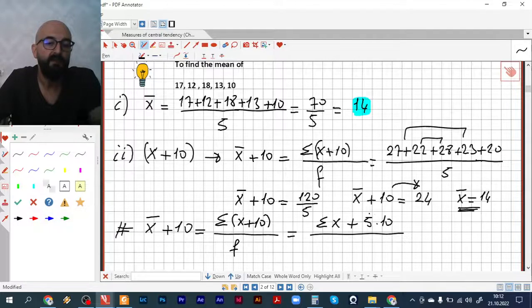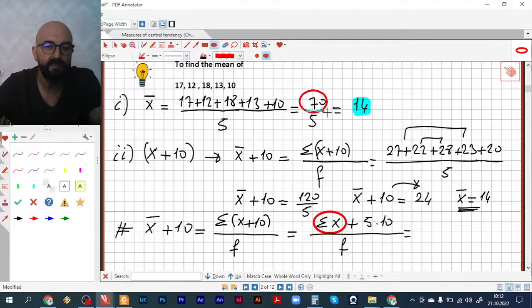Because we have 5 data over frequency. So we have the sum of x, and we had computed this section. It means 70.